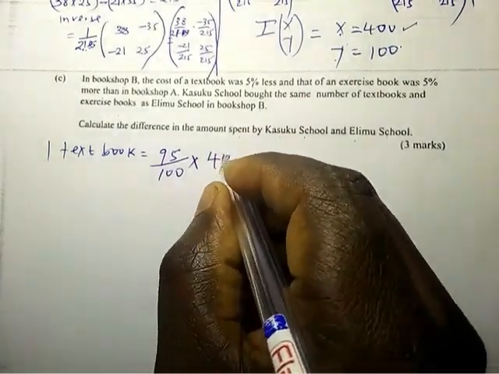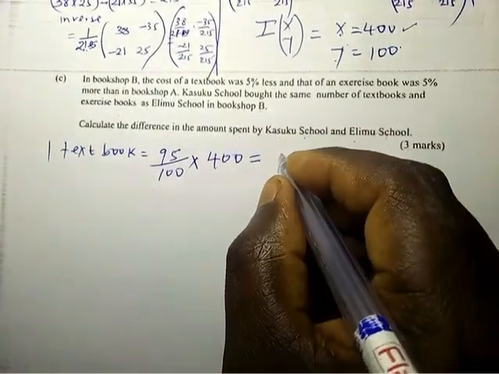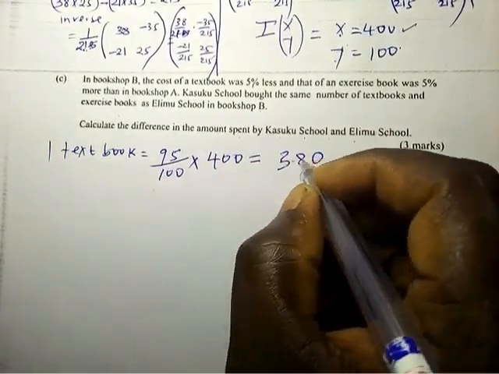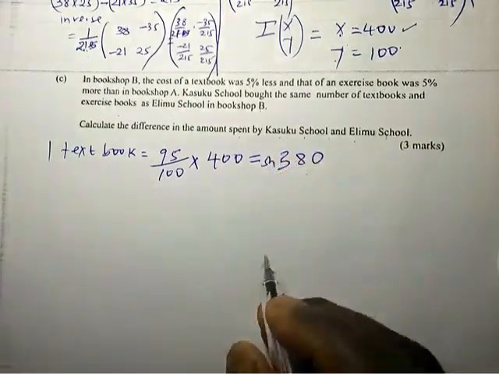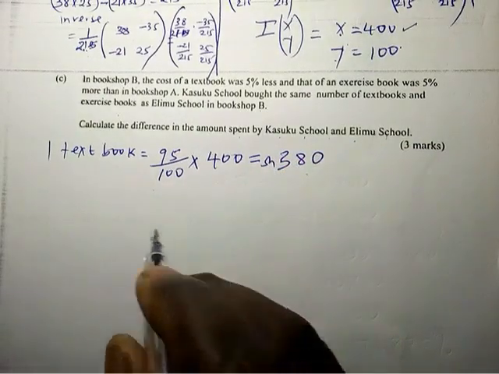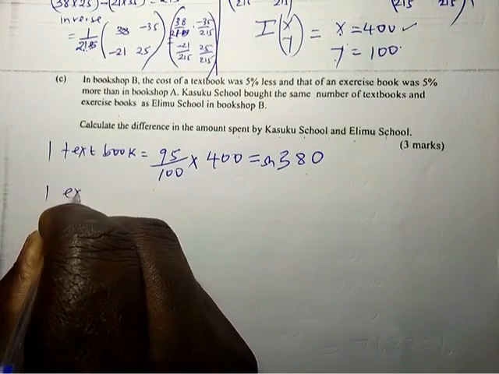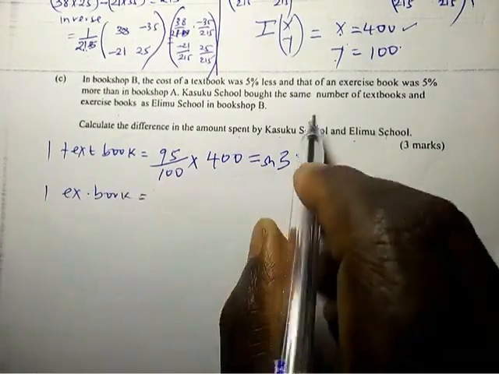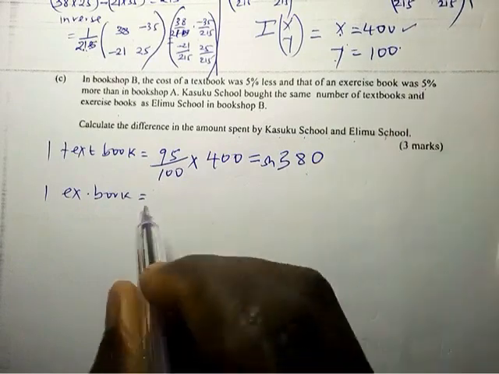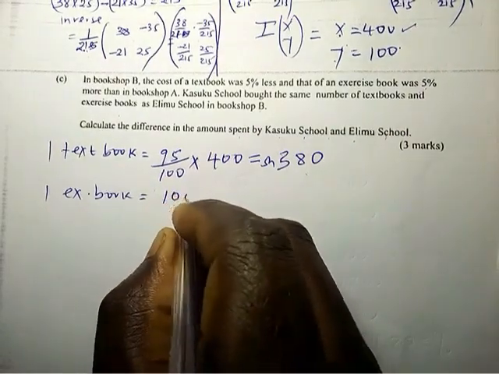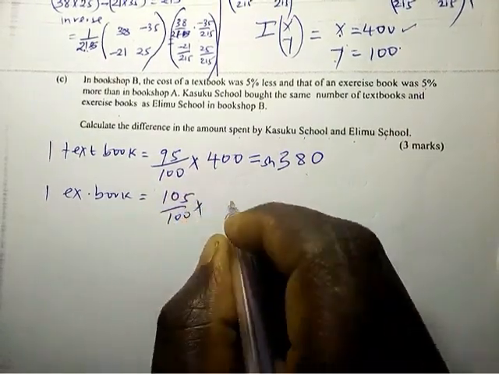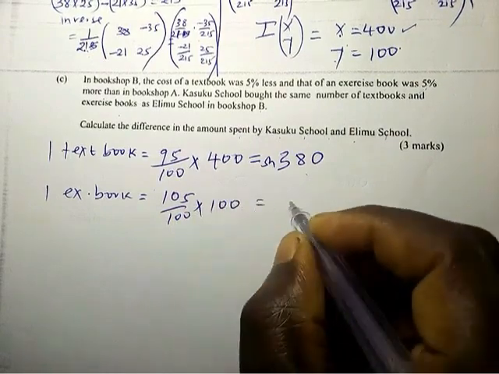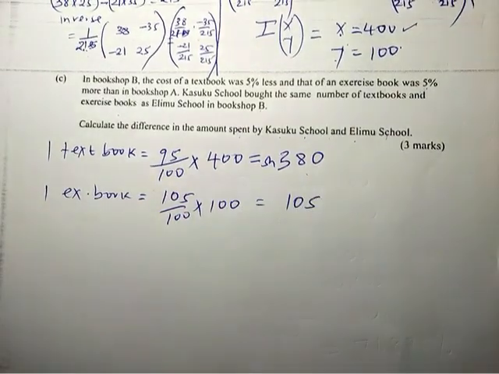They will buy at 380 shillings. They remove that 20 bob. Exercise book, one exercise book, they add 5% more, so that is 105 over 100 times 100, so they will buy one exercise book at 105.